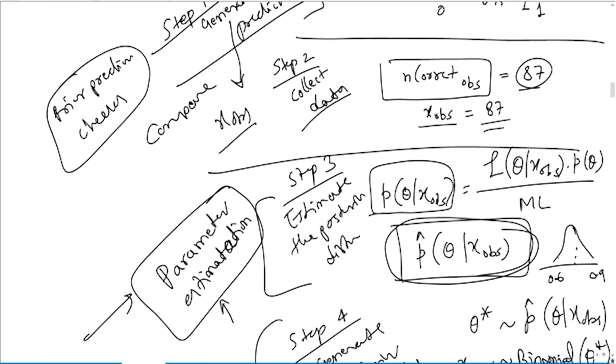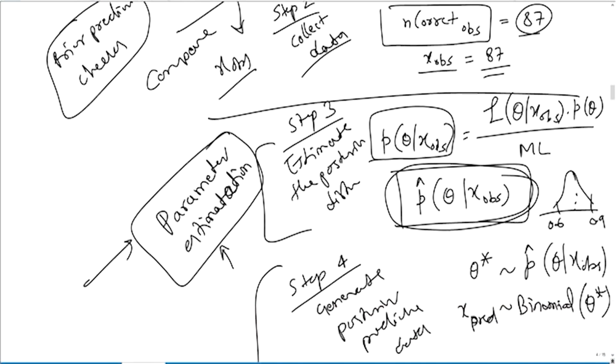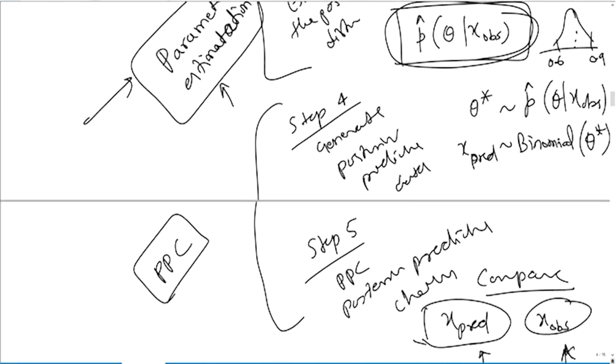And you can calculate a so-called 95% credible interval, which will tell you that you can say with 95% certainty that the true value of this parameter theta lies between 0.6 and 0.9. We will come back to this point later, but I just want to show you that these are the inferences you can make about parameters given the posterior distribution, right.